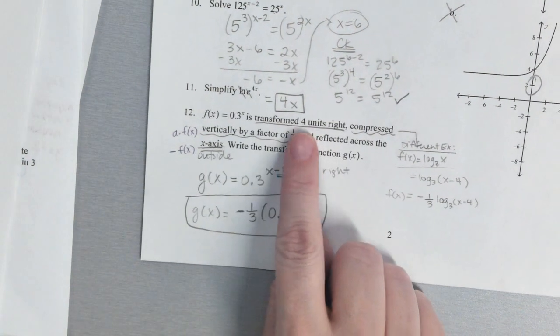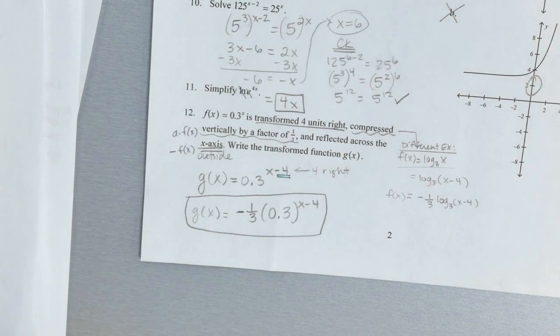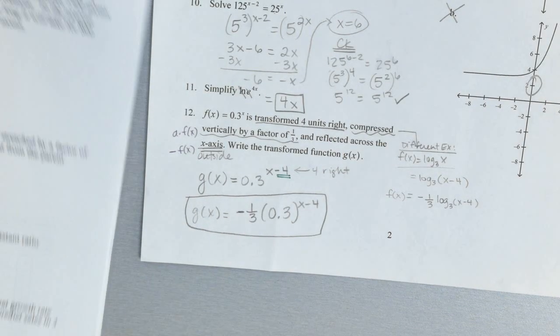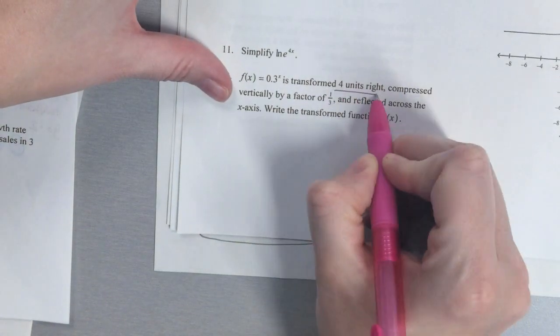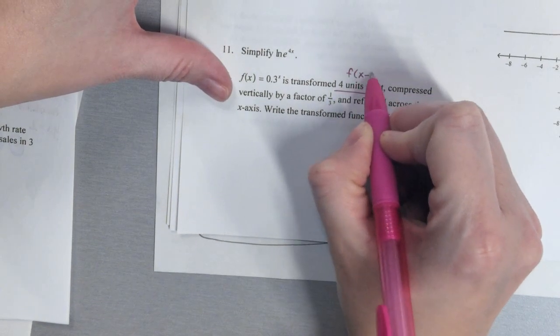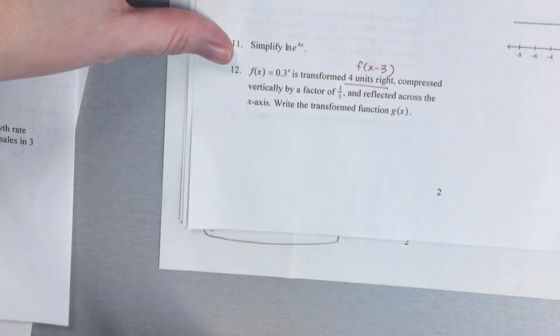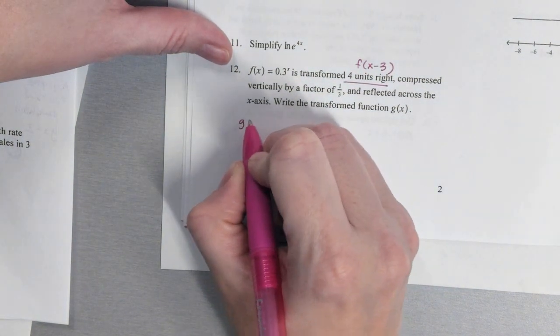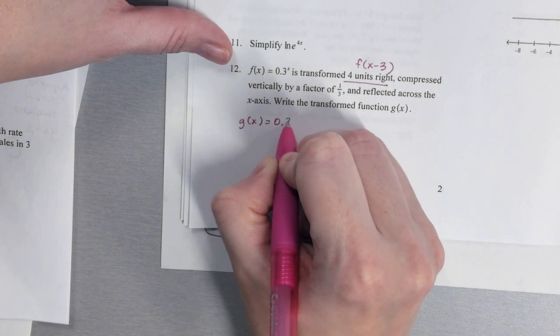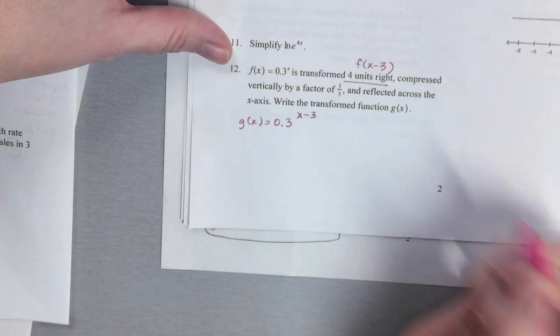So if it says it's transformed 4 units to the right, remember that rule for 4 units to the right is f of, and sometimes that's what I do. I'll say, this is 4 units to the right. That means it's f of x minus 4. So when you plug that into your equation, it's going to be 0.3 to the x minus 4.